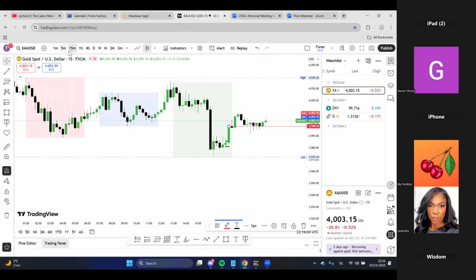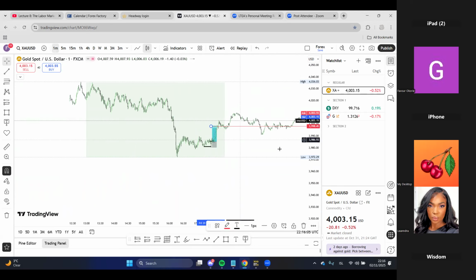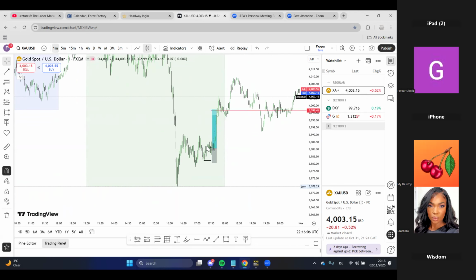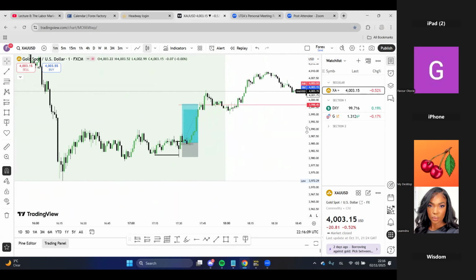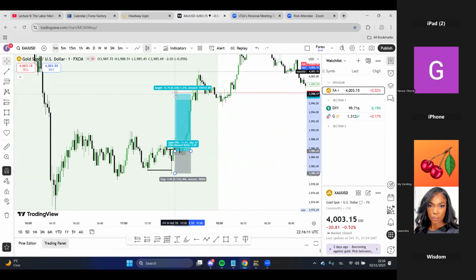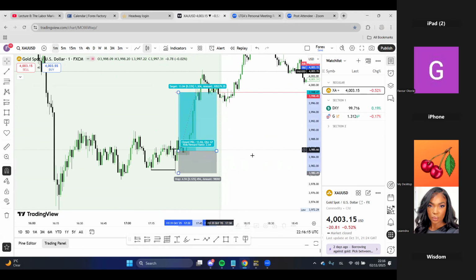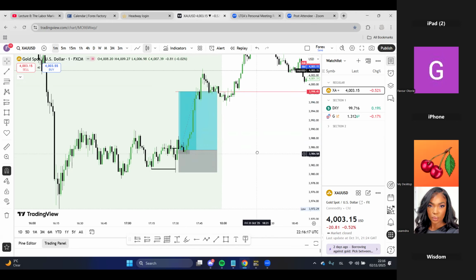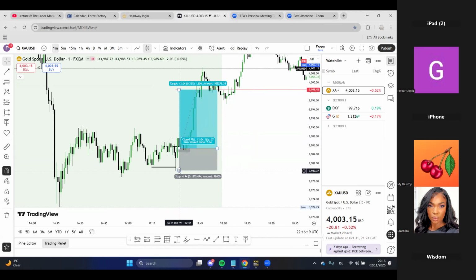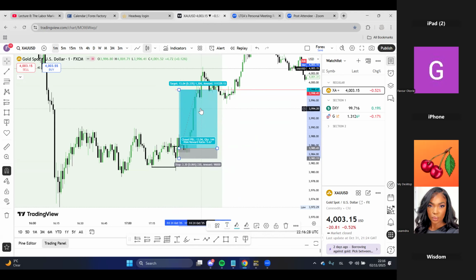This is where price closes. As soon as it closes, you are done for the day. This is 1 to 2.6, because you put your stop loss at the very low. If I set it like this, it will be like 1 to 5, right? And you are still safe just by trading only a 15 minutes candle.